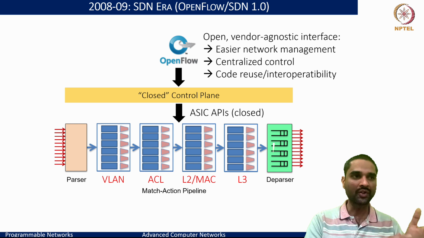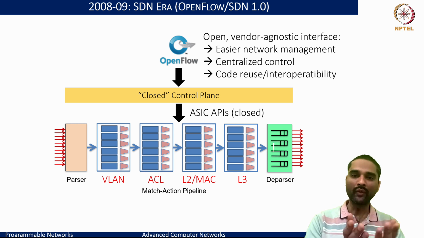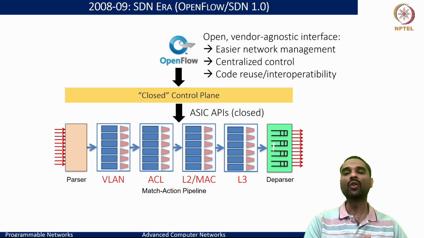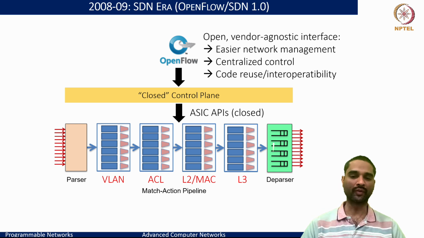Rather than having custom means to interact with specific devices, now it opened up a common vendor agnostic interface which would allow for easier network management and centralized control, and whatever you would write on top of this vendor agnostic interface could be reused and made interoperable across different vendors to make sure that things would work the same way. So that's where the code reuse and interoperability started to emerge with OpenFlow.